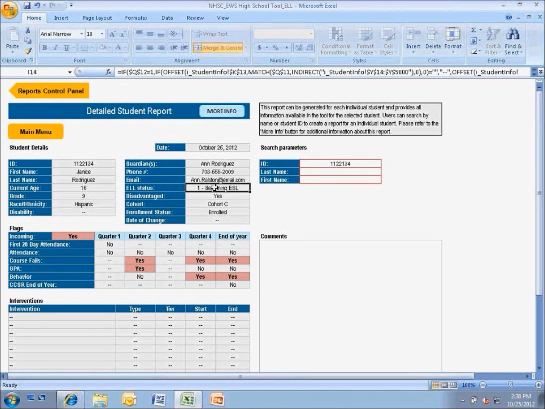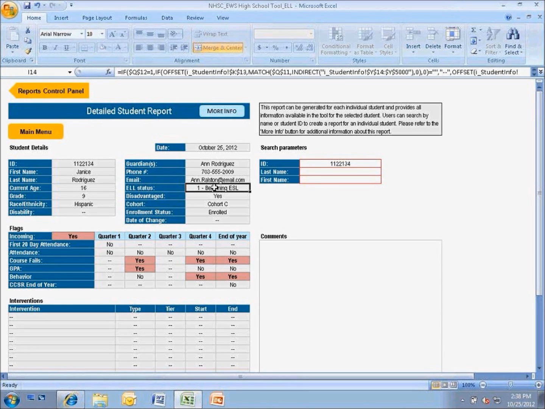And when you're discussing with the ELL instructor, maybe they tell you that Janice's problem is really in mathematics, and you go and you talk to her math teacher, who informs you that she's really struggling to grasp a key concept that really is the foundation of all of the math that she's going to be doing this year.